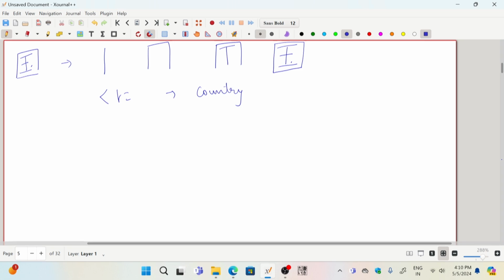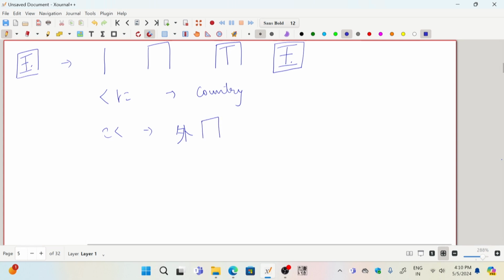Another reading for kuni is koku. So when we say gaikoku, this is gai and koku. It means foreign country.